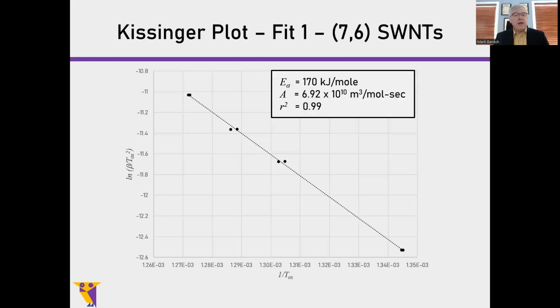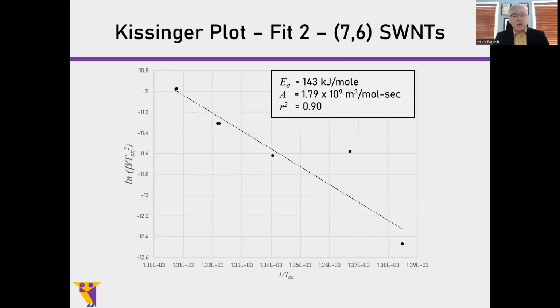So if we take a look at the first equation fit, we get a pretty nice straight line. And we get a number for the activation energy and for the kinetic prefactor, which are typical for carbonaceous materials. And if we do it for the second one, we get a little poorer fit. But again, we still get numbers which are pretty good and certainly are representative of other types of carbon materials.